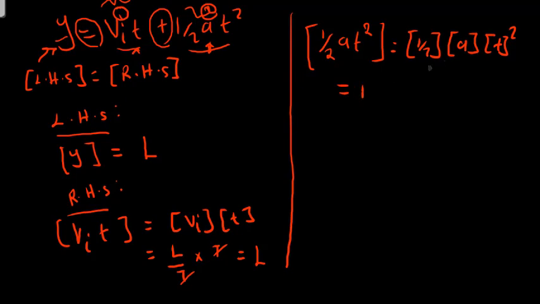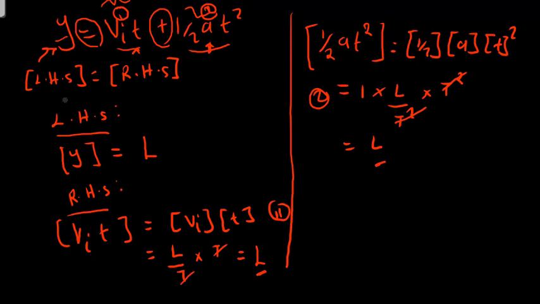And dimensions of acceleration is L over T². And dimensions of t² is capital letter T raised to the power 2. So this T² cancels out with that T², and that 1 times L will just be L. So you can see that our two terms that are being added, our first and second term, have the same dimensions. So there is a possibility of this equation being dimensionally correct because the second rule has been satisfied.